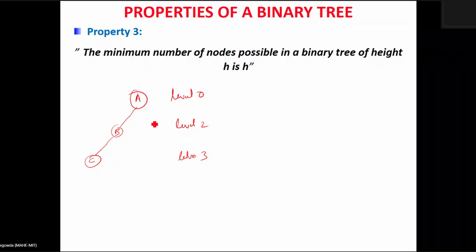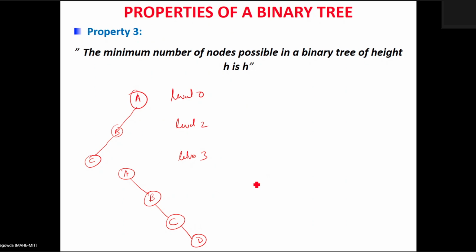Say I have a node A with only one child, B as the right child, C as the right child of B, and D as the right child of C. This is a right skewed binary tree, where all the parents have only one right child.